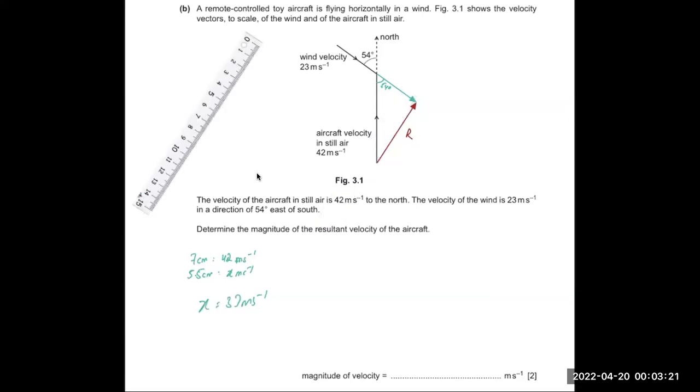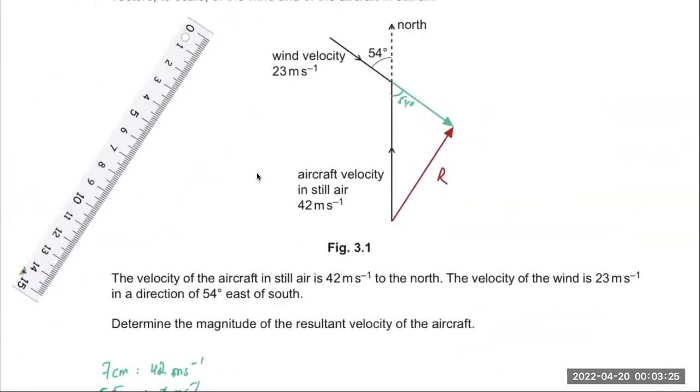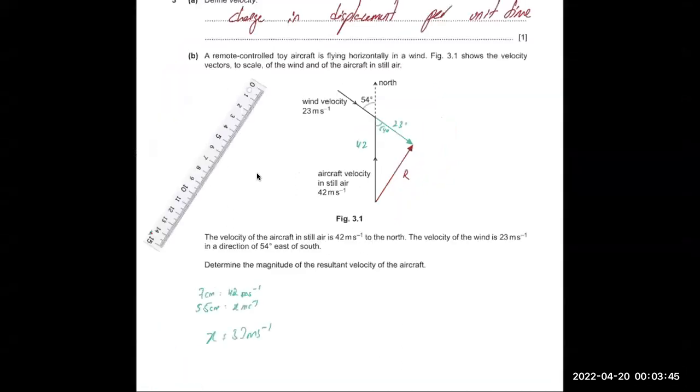Talking about the mathematical way of solving this, once you've drawn this out, even if you've not drawn it to scale, even if you've drawn it freehand, you know that this is 42, this here is 42, this here is 23, and this here is 54. Use the cosine law. What is the cosine law?